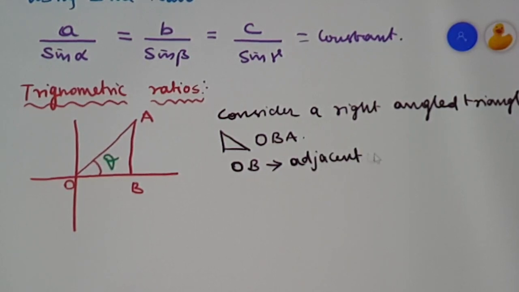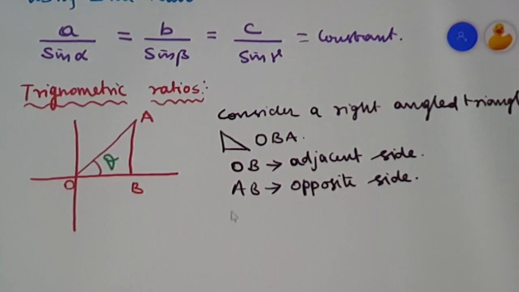So the side OB is the adjacent side. Then let us consider the side AB. The side AB is opposite to this theta, so that side we are calling the opposite side.